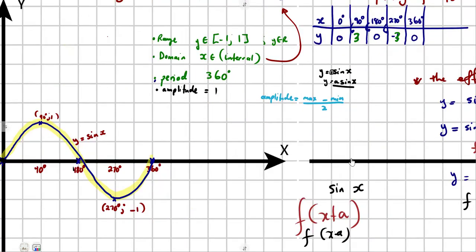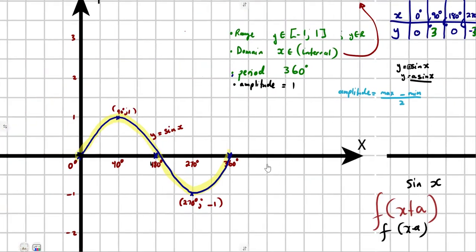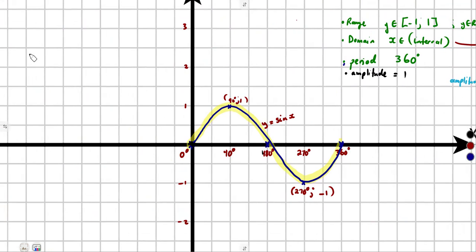So I'm going to work with this example here. F of x plus 60 degrees. Y is equal to sine x plus 60 degrees. So if we are to have the graph of y is equal to the sine of x plus 60 degrees, from 0 to 360 as we are given as our interval.